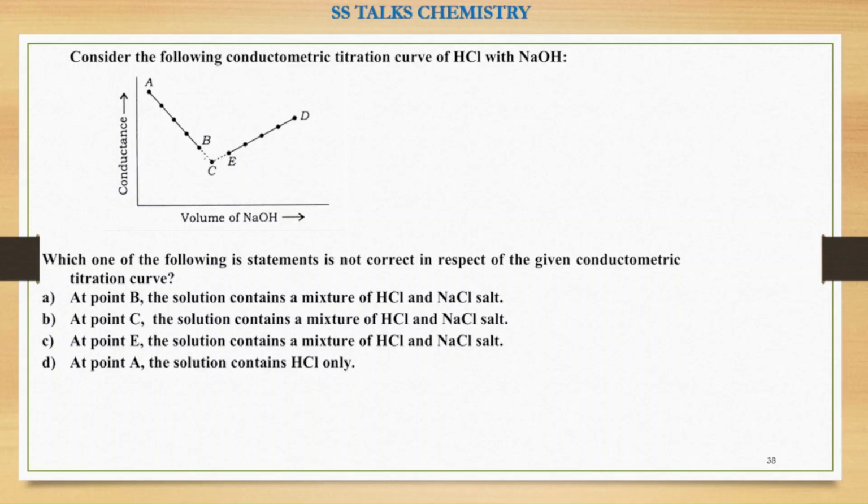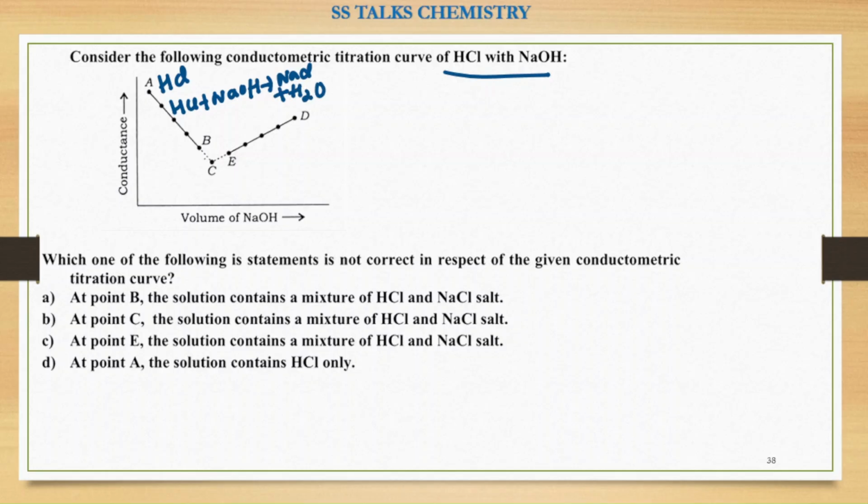It says consider the conductometric titration curve for HCl versus NaOH. Various points have been mapped. Initially at point A, we will be having only the HCl, right? In the region from A to C, HCl is being treated with NaOH, giving us NaCl and water.